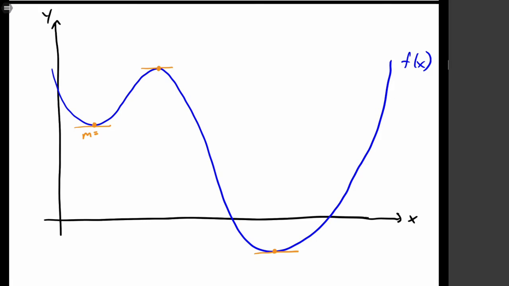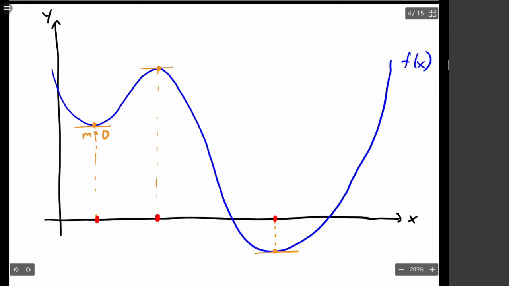Well, hopefully you remember that the slope of a horizontal line is 0. So there's no rise in it at all. What that means is that at each of these spots, where we have a horizontal tangent, the derivative equals 0, meaning that it crosses the x-axis.